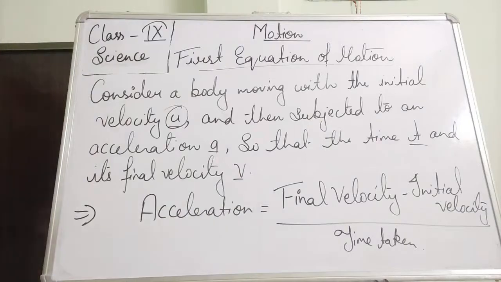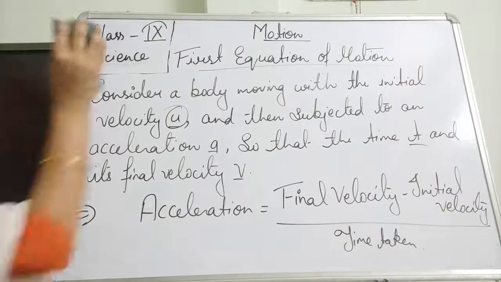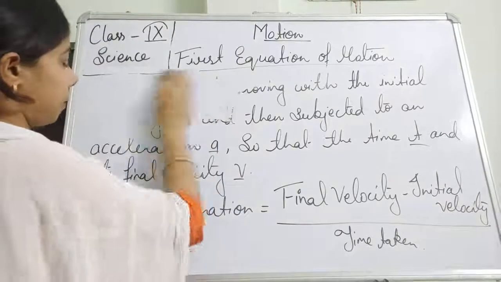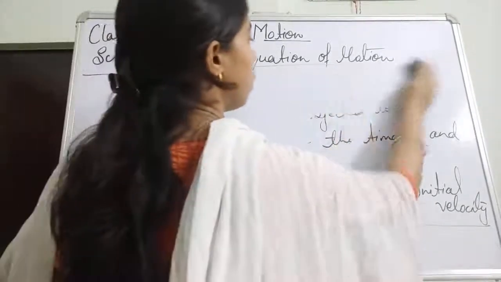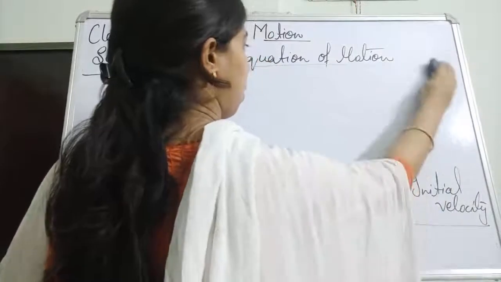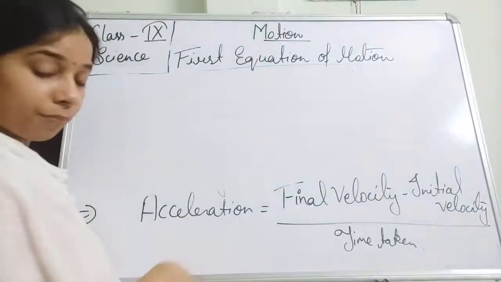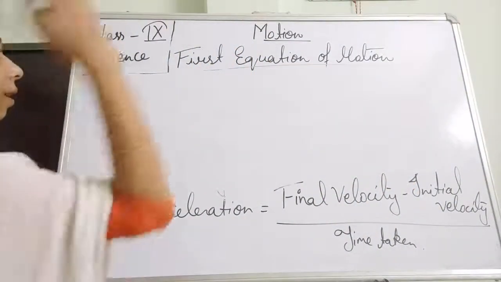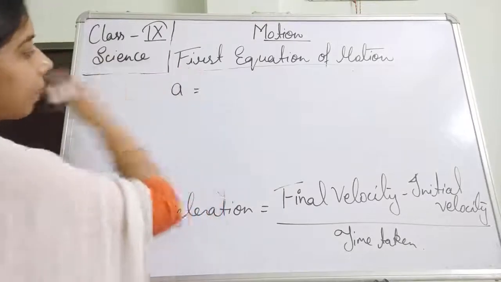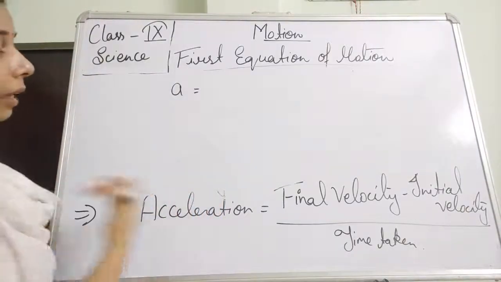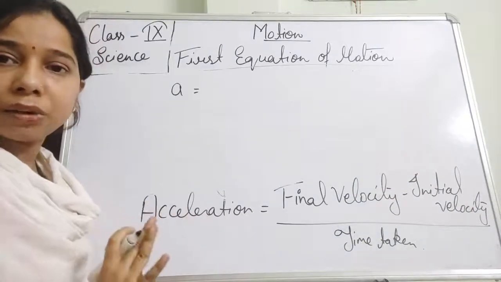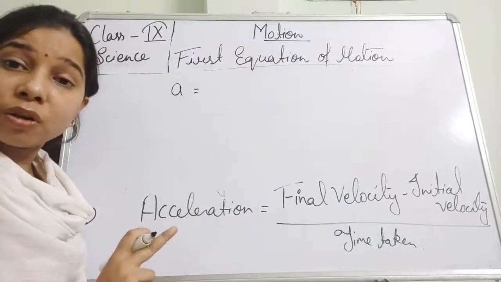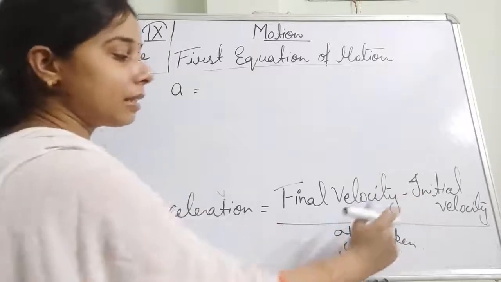Then we can represent this in an equation. Acceleration is represented by a. You can start writing acceleration is equal to change in velocity upon time taken, which we already know about. Change in velocity is represented by final minus initial velocity.